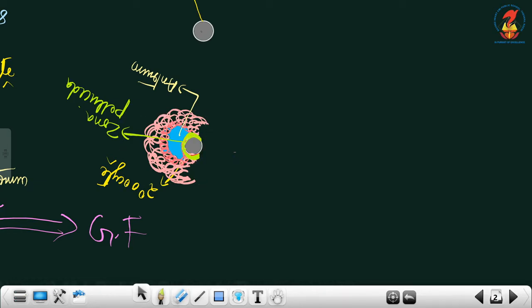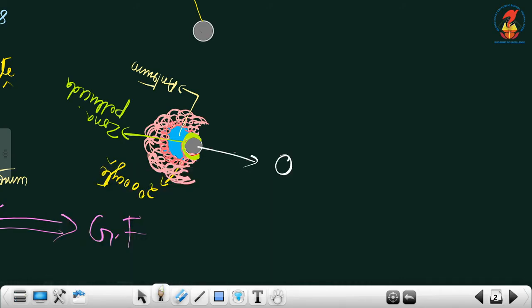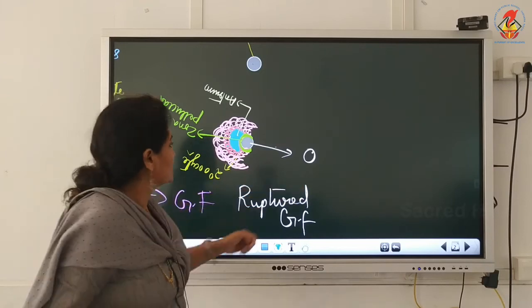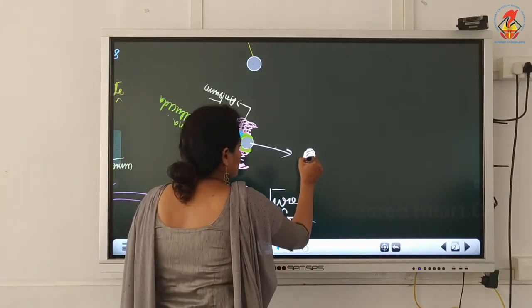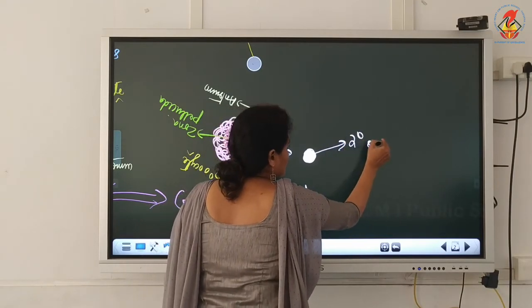The oocyte is released. The secondary oocyte is released. So, this is the representation of ruptured Graafian follicle. It's just simple as this. The granulosa cells rupture and release the secondary oocyte.